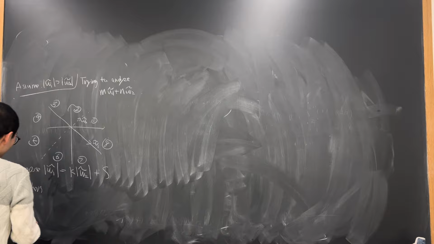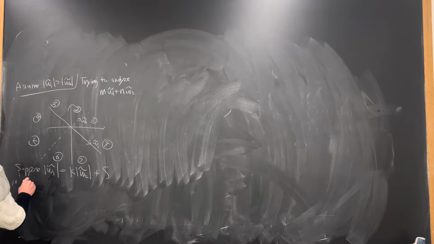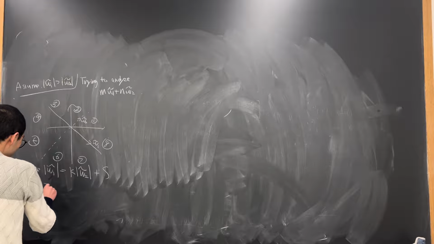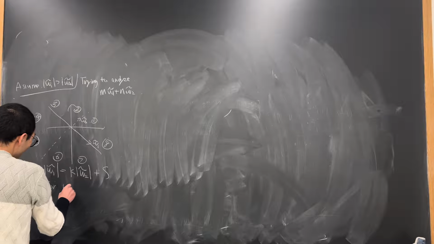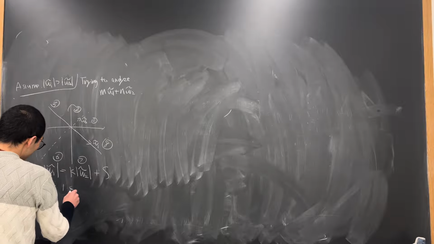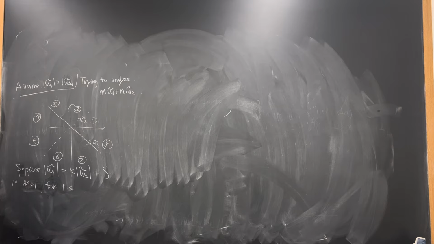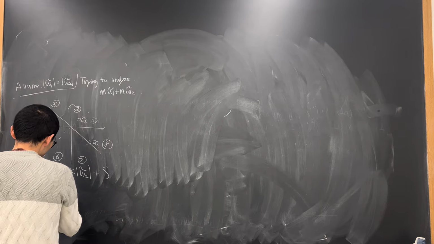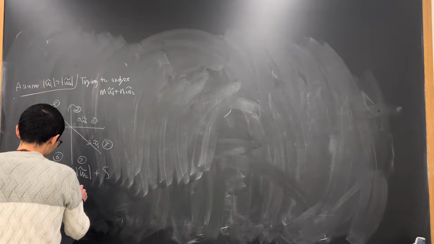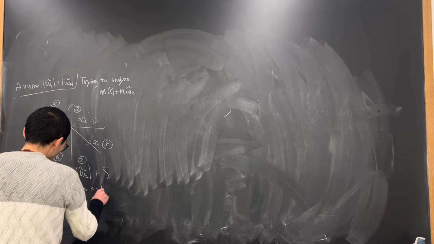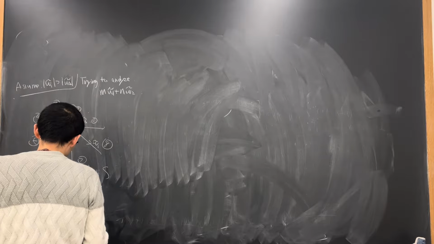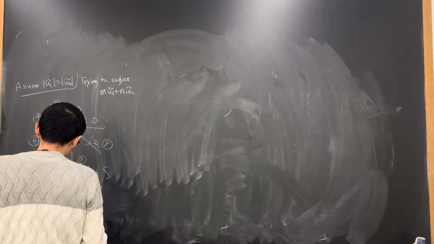Okay, so case 1, let's say m equal to 1, and then for n, what do I want to say? Sorry, it should be 0 less than or equal to n less than or equal to k minus 1. I think in this case it should be k, right?